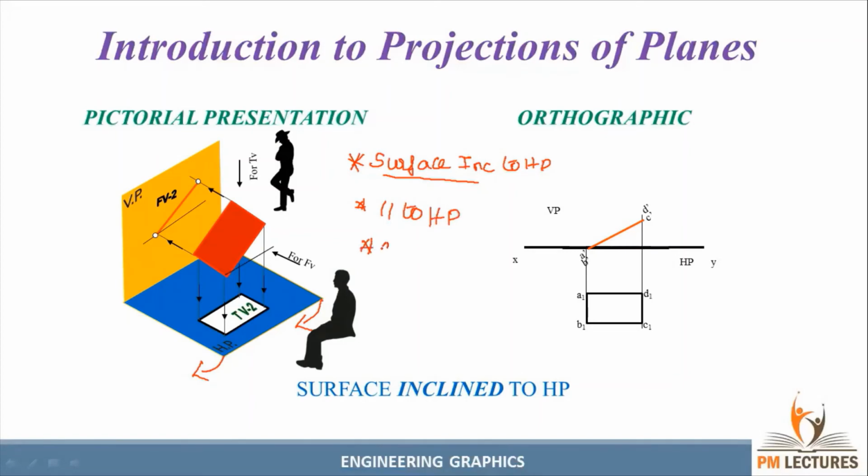Suppose the surface inclination is inclined to VP, then the first initial step of your drawing will be parallel to VP. These things we can see in the problem later, very detailedly we can see these steps. Okay, so first you can understand this concept. If I keep the inclination with HP, I can get the output like this in the paper. Okay, we can move to the next slide.